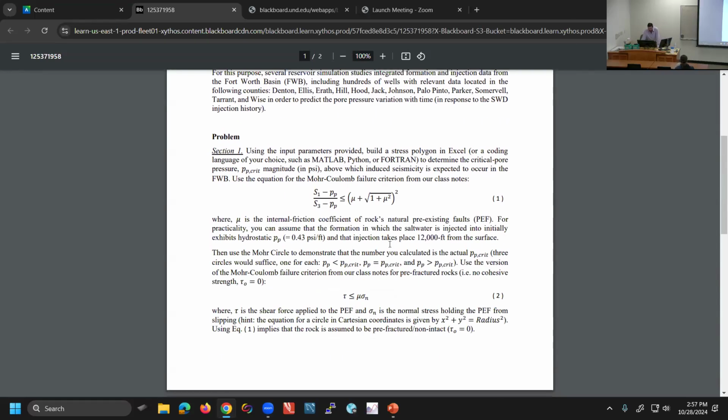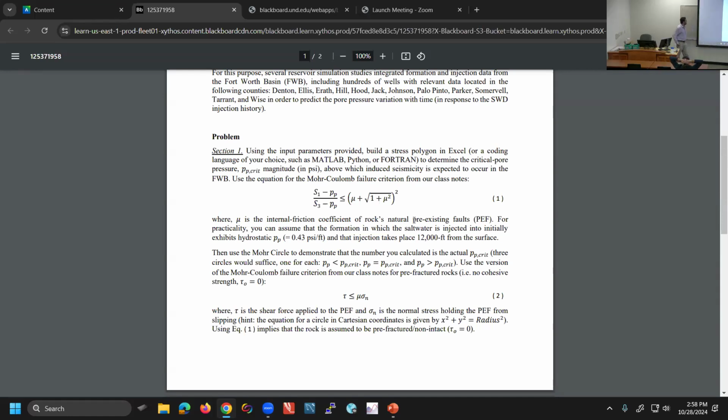Problem, section 1. Using the input parameters provided at the end, build a stress polygon in Excel or a coding language of your choice, such as MATLAB, Python, or Fortran, to determine the critical pore pressure, which I will abbreviate PP crit, magnitude in PSI, above which induced seismicity is expected to occur in the Fort Worth Basin. Use the equation for Mohr-Coulomb failure criterion from our class notes, where mu is the internal friction coefficient of rocks' natural pre-existing faults, PEF.